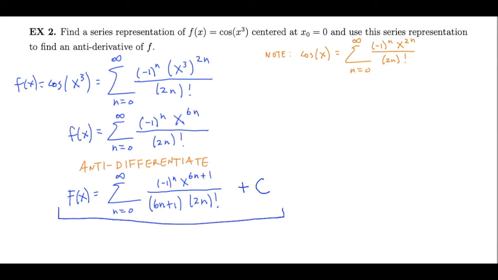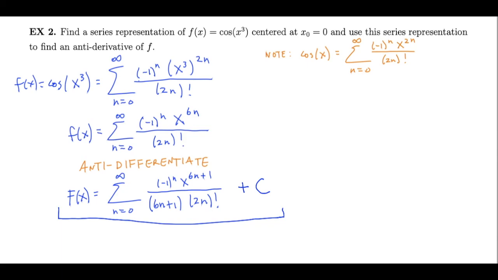So this is an antiderivative of the function cos of x cubed, and I admit it feels a little strange to write it in this series form, but as I tried to reiterate in the last section, I can get good approximations for the antiderivative by simply looking at a few specific terms of this series. And in a lot of contexts, such an approximation is really all I need.